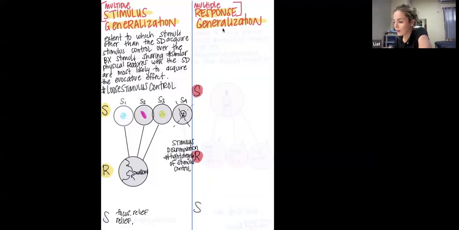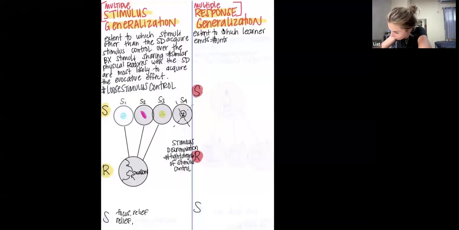So we're going to talk about what is response generalization. Well, according to the Cooper book, it is the extent to which the learner emits untrained responses that are, this is a really important part, okay?